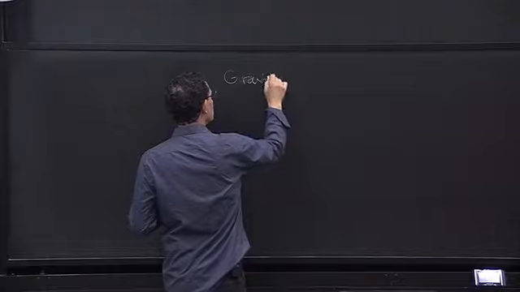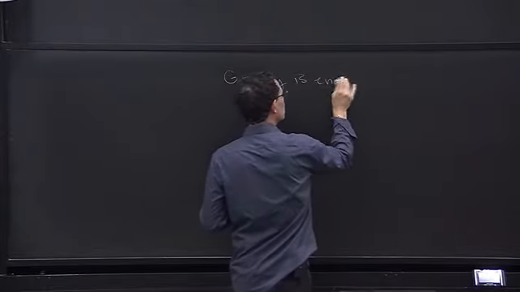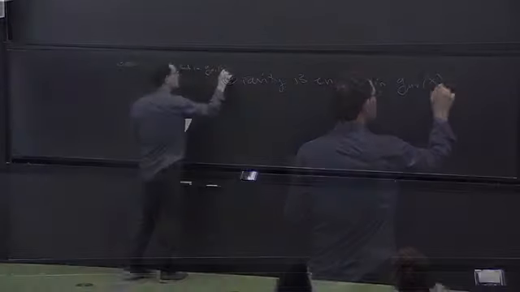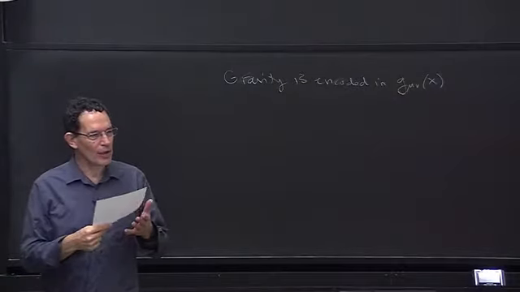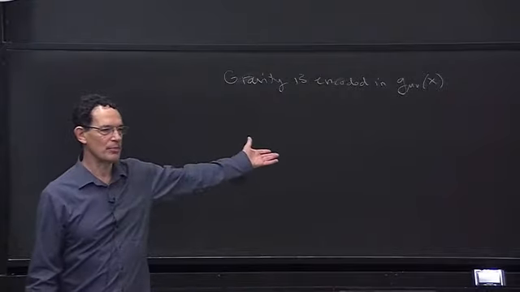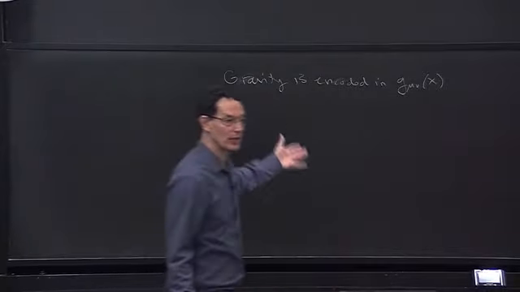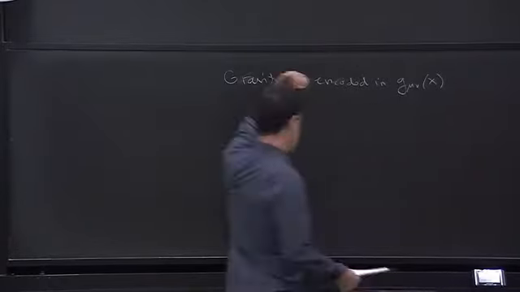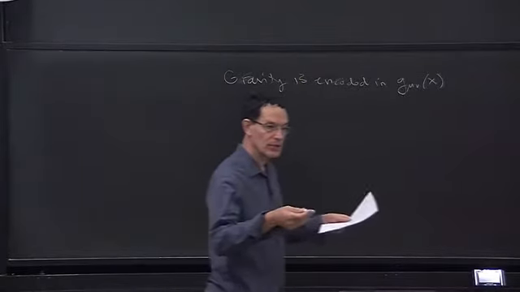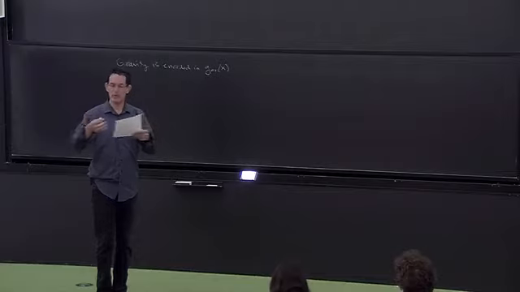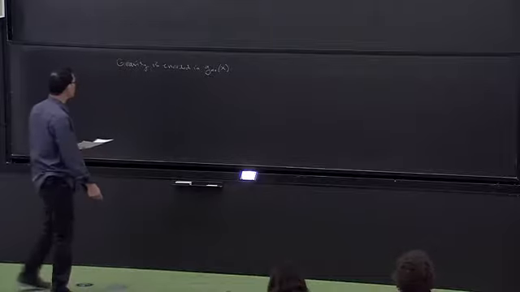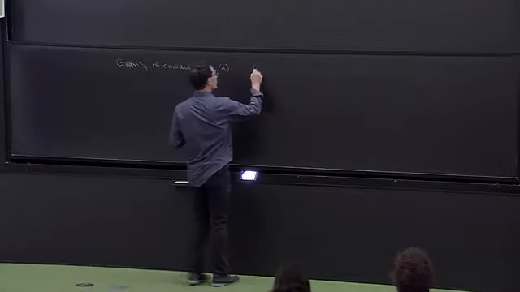Gravity is going to be encoded in g mu nu of x. And immediately you get the idea that everything's going to fall the same under gravity because every object sees the same g mu nu of x. So that's how you'll explain that all objects of any mass all fall in exactly the same way, because they're all falling in the same g. So it's universal.